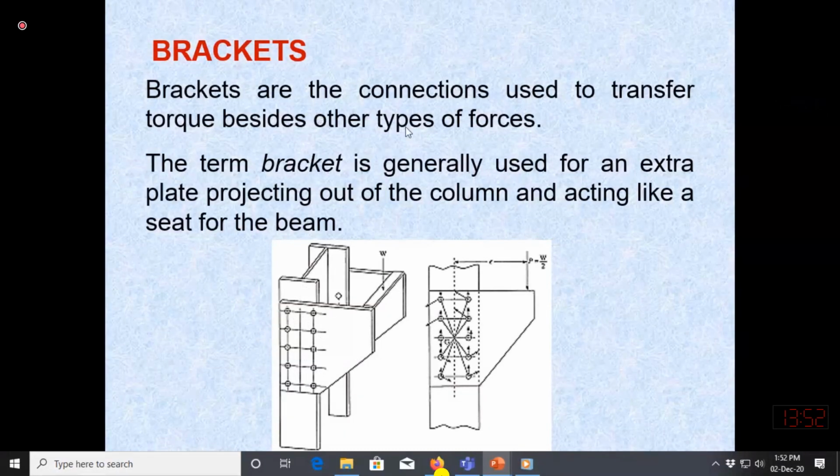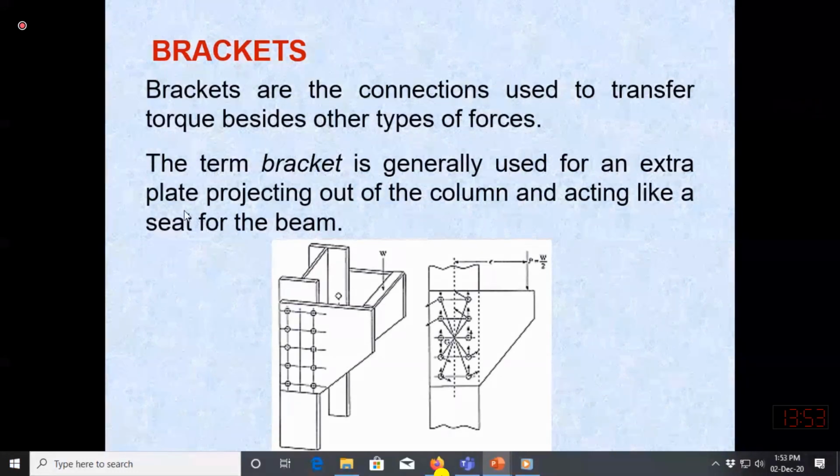So brackets are connections used to transfer torque along with shear forces. The term bracket is generally used for an extra plate projecting out of the column and acting like the seat for the beam.